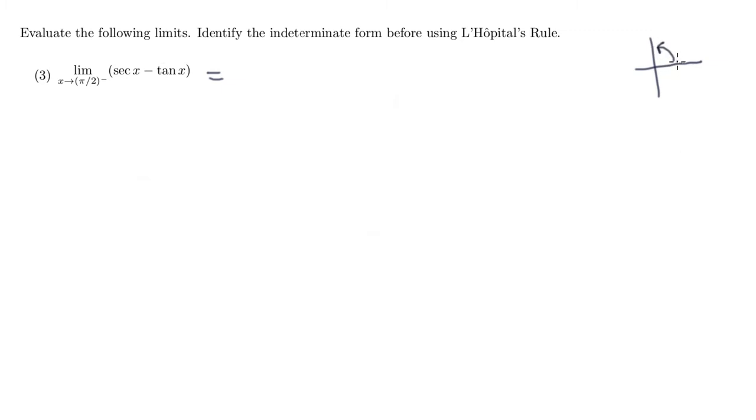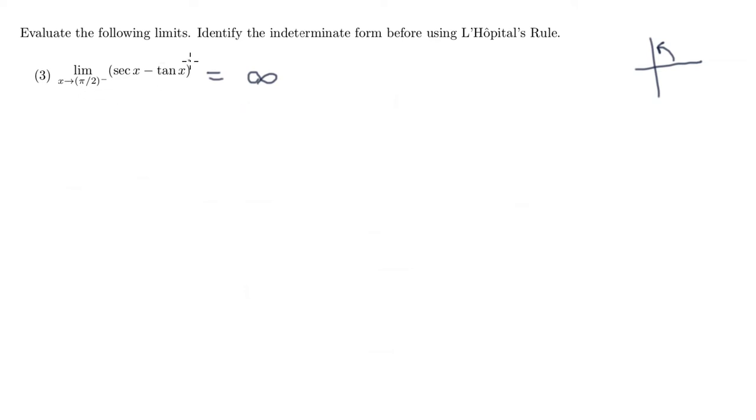So as we approach pi over 2 from the left, we're coming up counterclockwise towards pi over 2 on the unit circle. So what's happening to secant? Well, secant is 1 over cosine. So the x-coordinate on the unit circle is going to 0, but staying positive is the essential thing. So it is going to infinity.